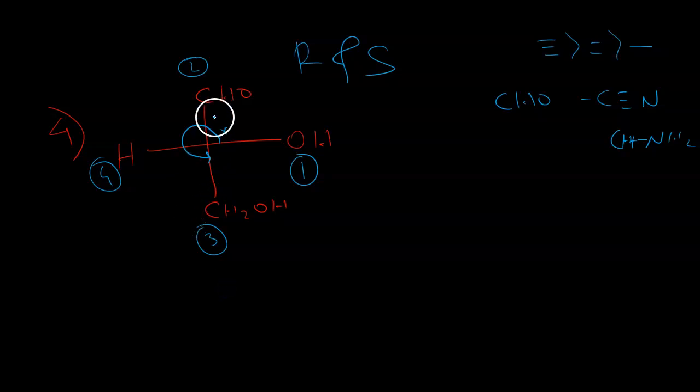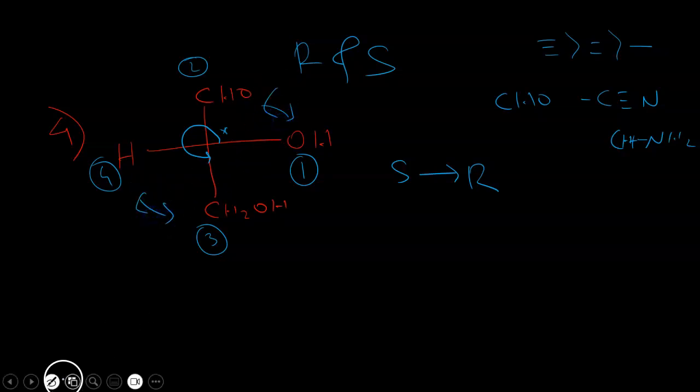So we have assigned the priorities, and as per the priority we will rotate the structure. So now the structure becomes S. So S can be written as R, because the horizontal line contains the least priority group. Or the second way is that you exchange it. So I will rewrite the structure once again.